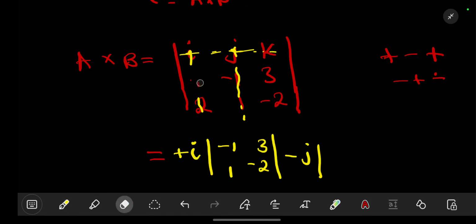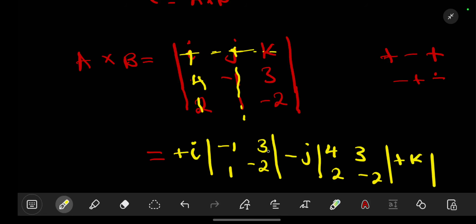Here we have a 4, so we are going to say 4, 3, -2, and a +2 like that. Then we have plus our K.